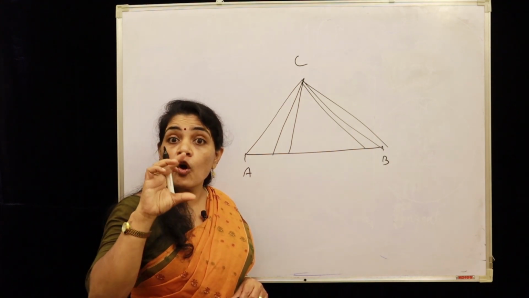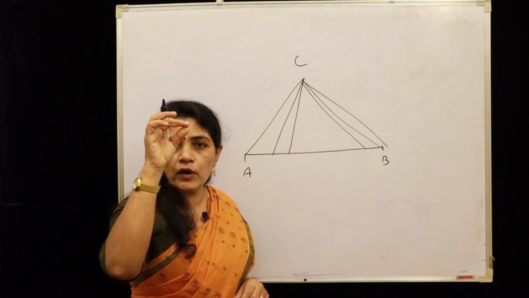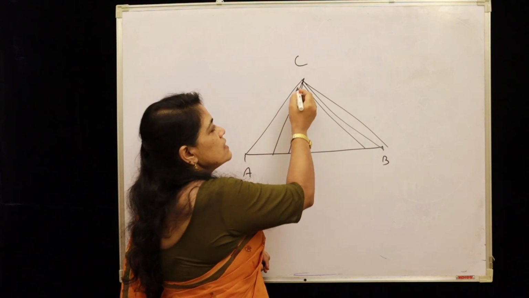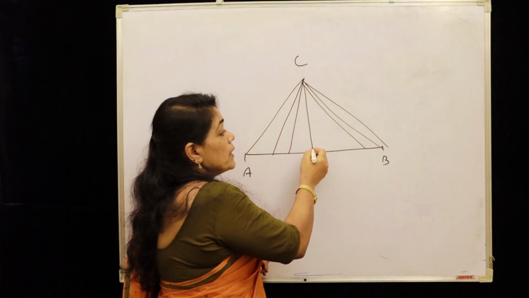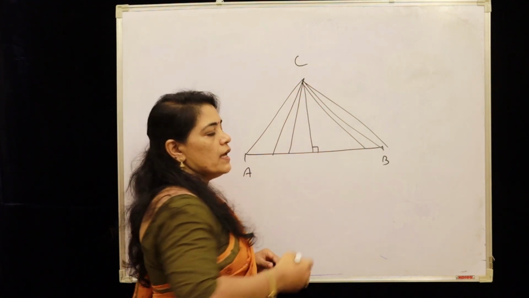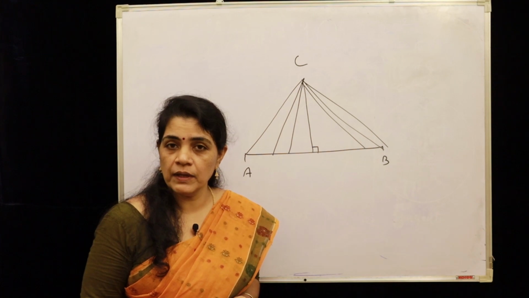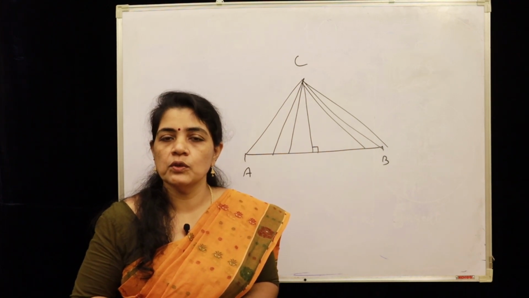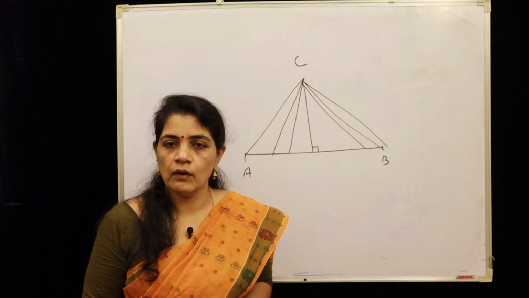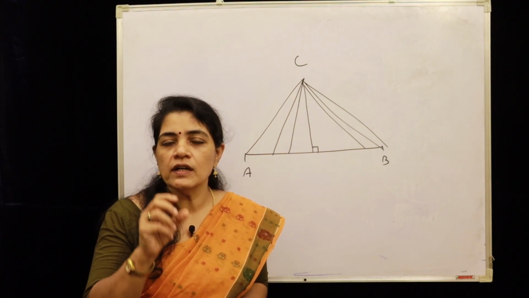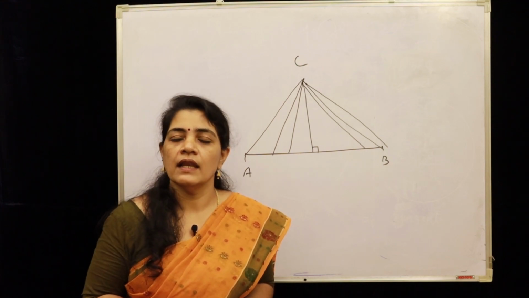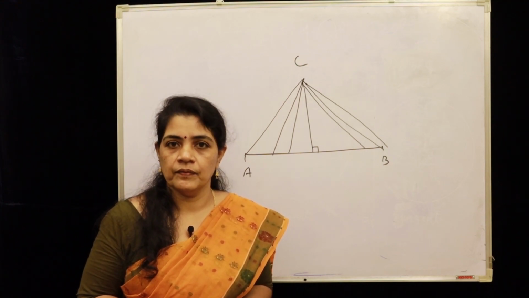The exact distance is the shortest distance from the point C to AB, and that shortest distance is the perpendicular to AB. That means the shortest distance is always perpendicular to AB. So that is the actual distance between a given point and the line segment AB.